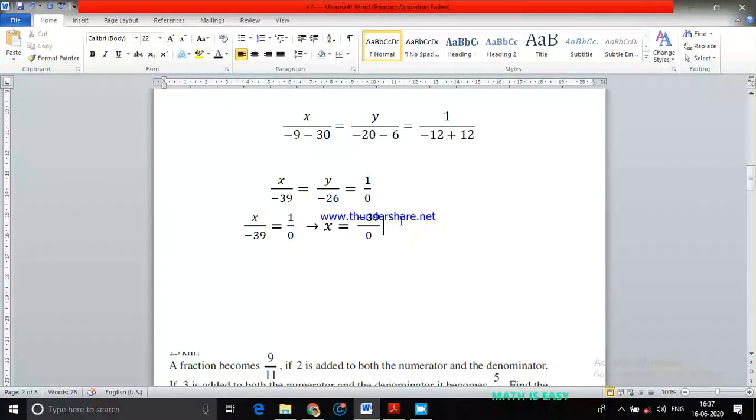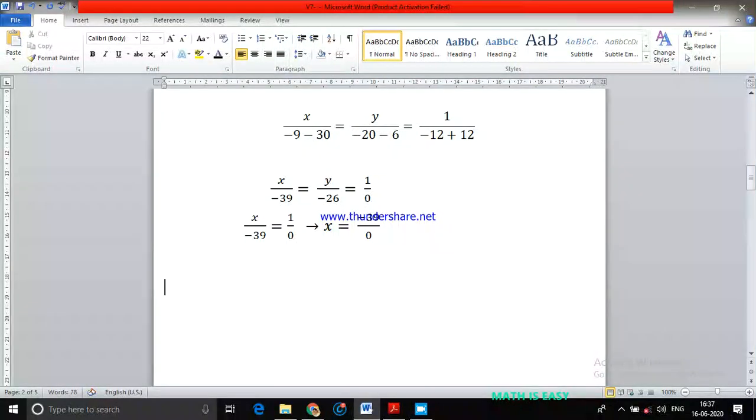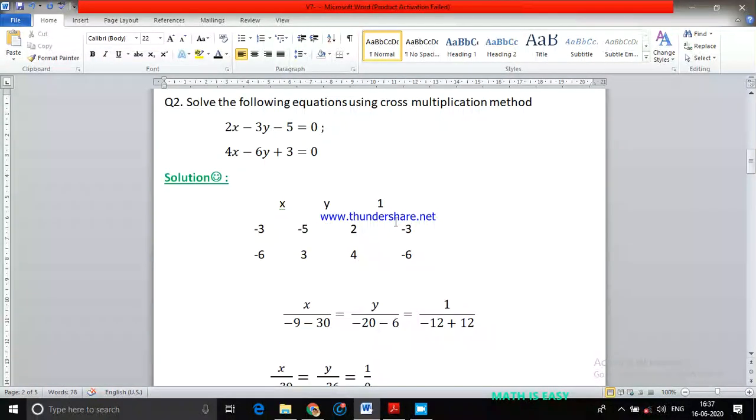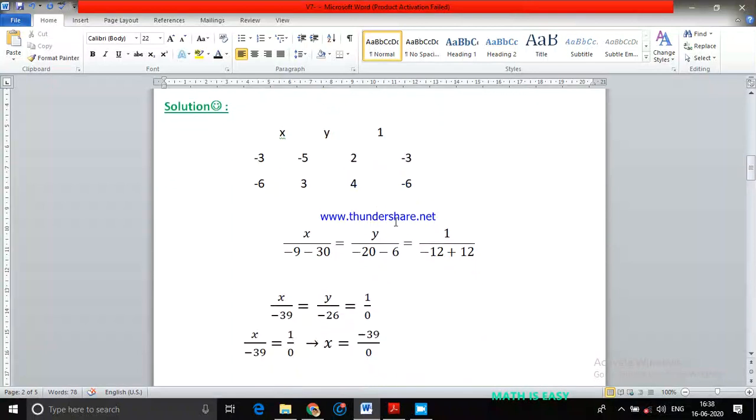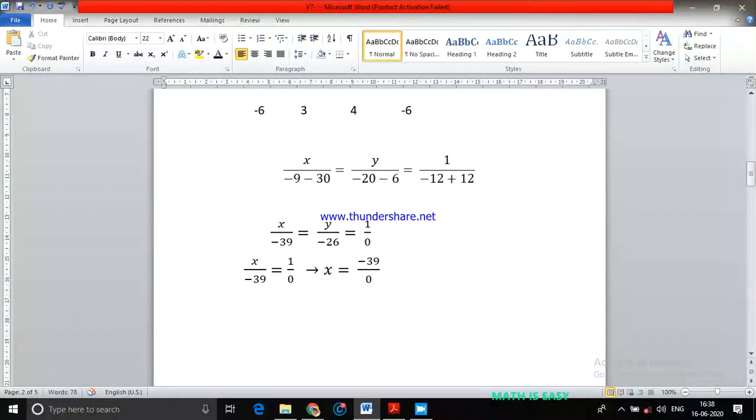So this is how you will know if the given system of equations has no solution. Even if I find y value, it will come as minus 26 upon 0, which is again invalid. So if you are getting denominator 0, that means your given system of equations has no solution, or the given system of equations are parallel lines. Okay, so here you will write the conclusion that no solution.